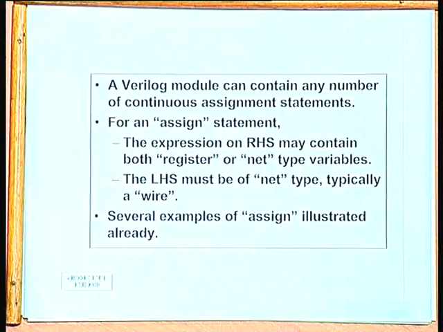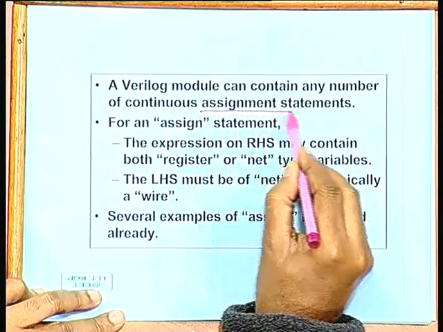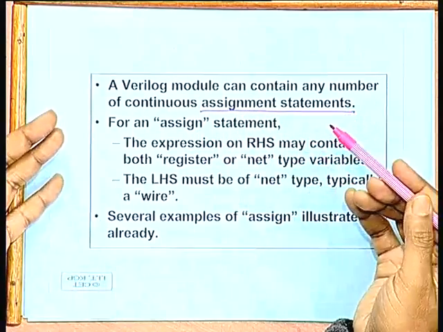So in a Verilog module, whenever you are defining it, it can contain any number of continuous assignment statements, right? As I had given the examples, and as I had said, the different assignment statements using the assign keyword are all logically executing in parallel, concurrently. So there is no ordering of execution as such. Whatever new value comes in, the net variable on the left hand side takes the value immediately, or after the gate delay if there is a gate.